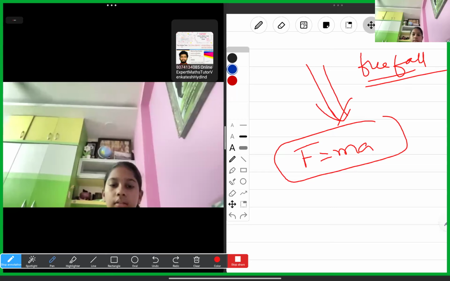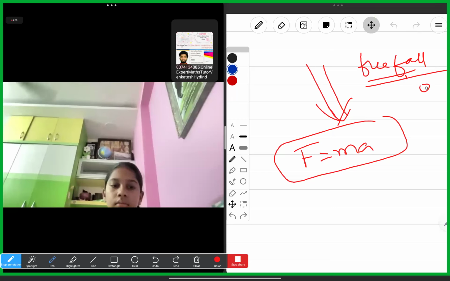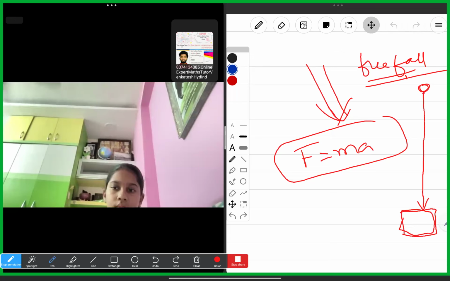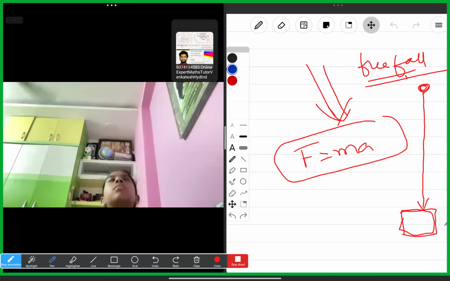Suppose you hold a body and leave it in the air, then it will 100% fall to the ground. Even though you didn't apply any force while leaving the body, because of gravity, as we know from GM1M2 by r square, as the distance increases, the force decreases.